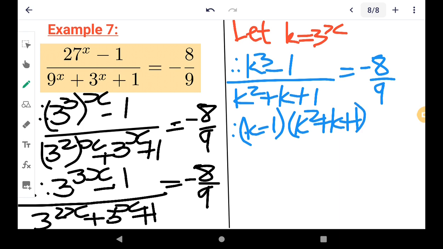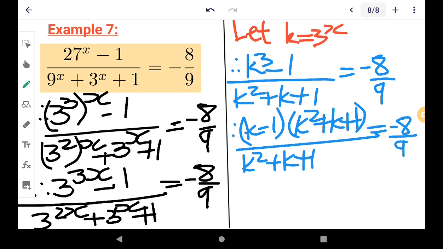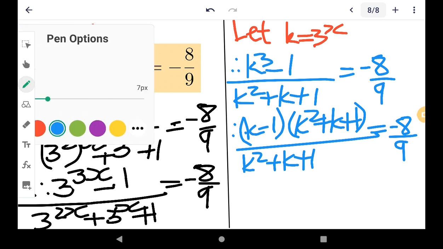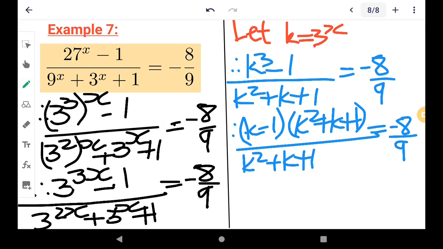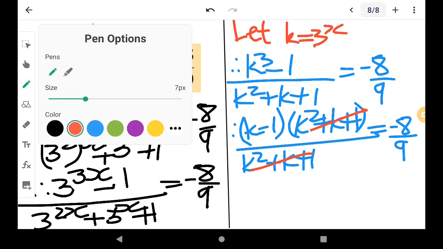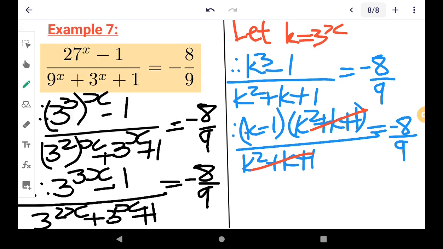If you need help with factorization, please consult the video that I made on how to factorize for grade 8, for grade 10. Alright, now these two cancel out and you're left with k minus 1 equals negative 8 over 9.